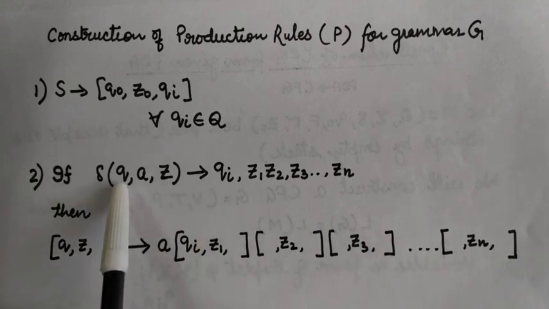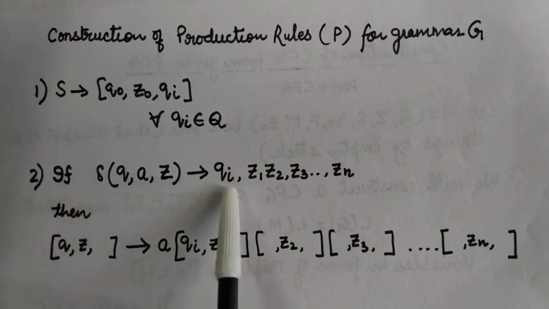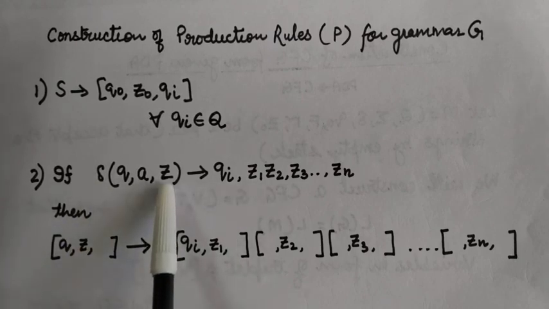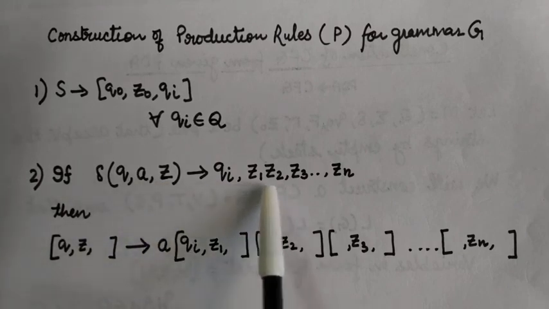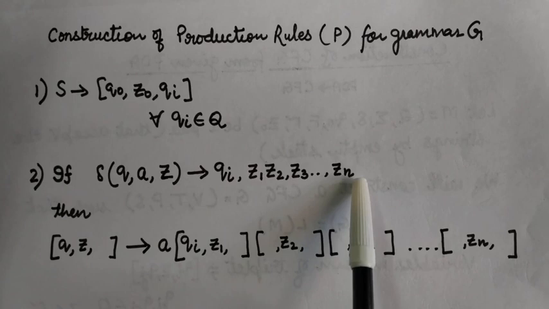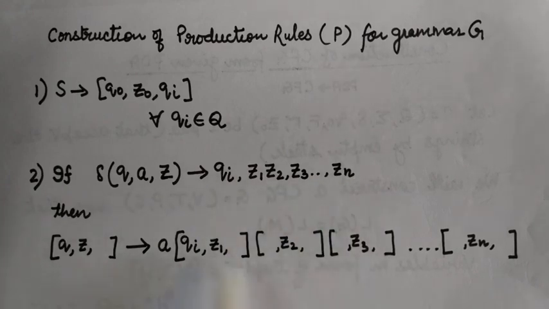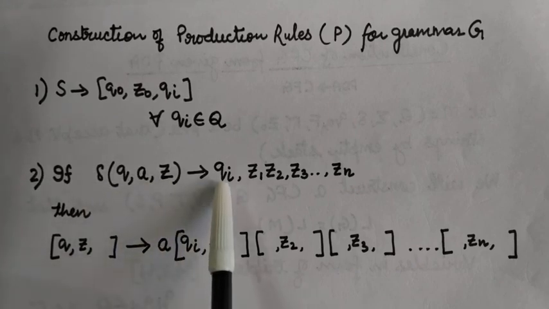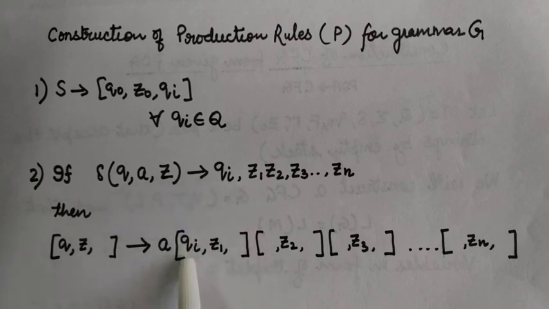Here you can see that the state is moving from Q to Qi after reading the input symbol A and stack symbol Z. And this Z is replaced by this sequence of stack symbols. So in the production rule, we will write Q here, this stack symbol Z here, and this input symbol A here. And the next state will be written here.